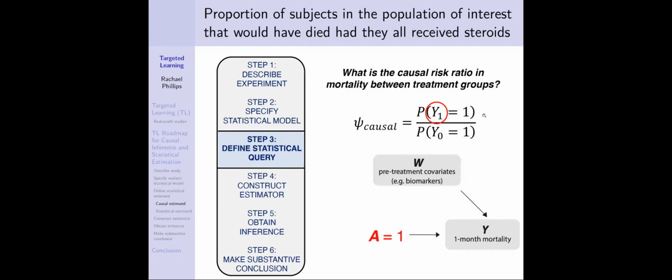Okay, so what does this look like? This Y sub 1 here is a counterfactual outcome, and it is the outcome that would have occurred had all the subjects received the steroid treatment. So what would have been the probability of mortality if all the subjects had received the steroid treatment?